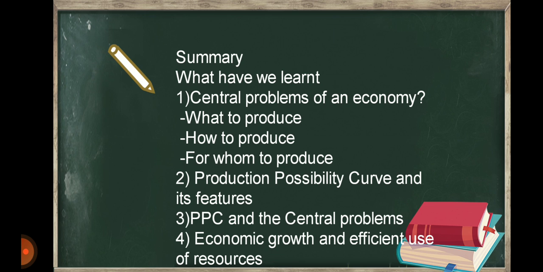It is concave to the origin, and higher PPC means higher production. And we also discussed how PPC solves the central problems of an economy. Then we discussed how PPC can depict economic growth, as well as how efficiently we use the resources. PPC helps us to analyze how efficiently we are using our resources.